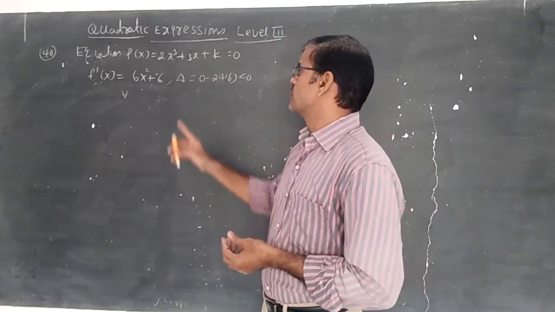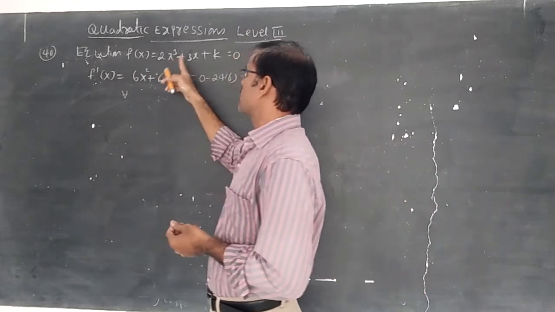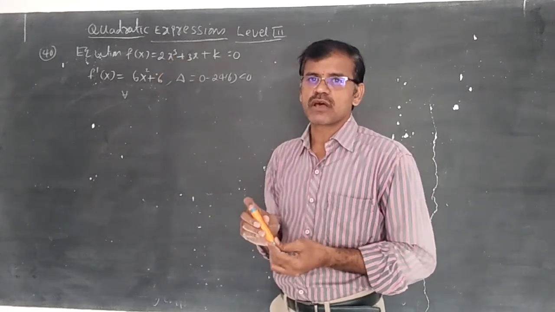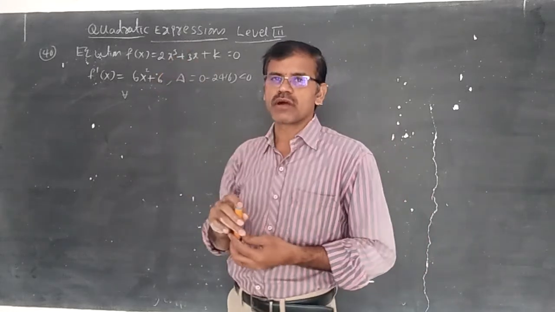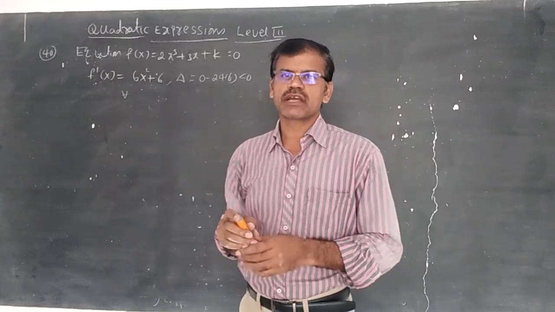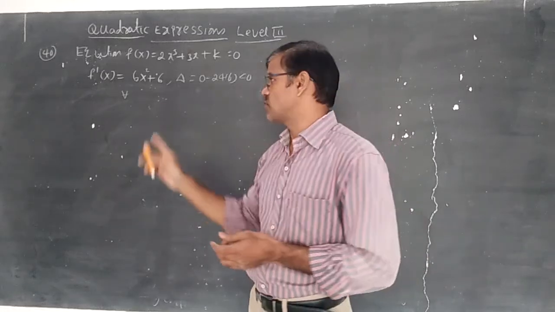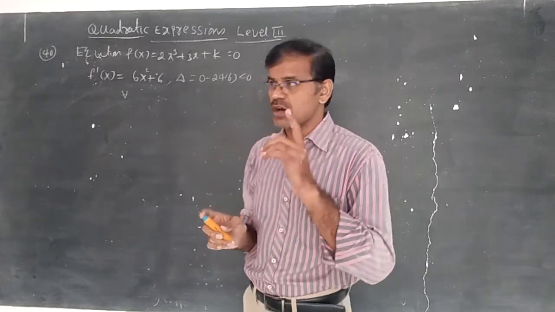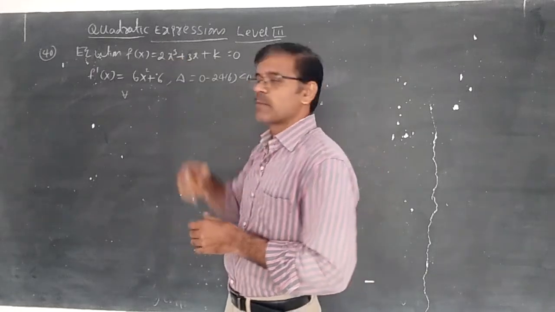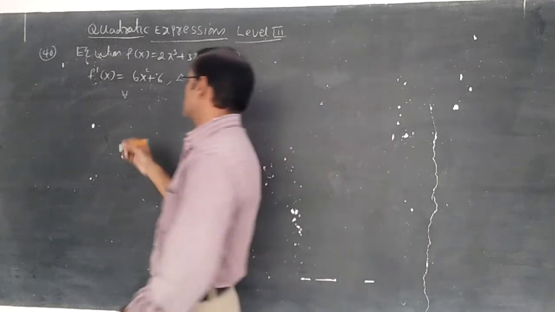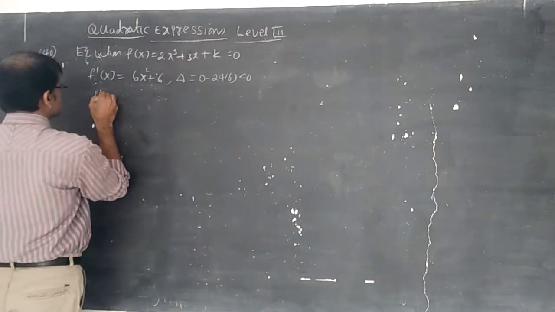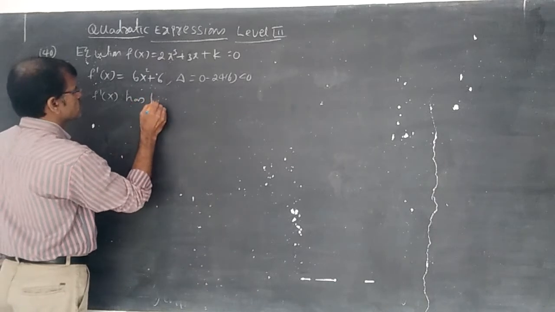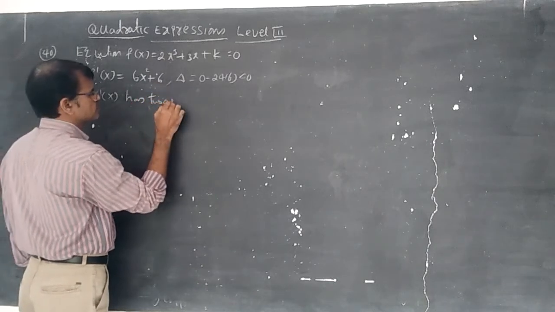If we need to calculate about a cubic equation, we should calculate f dash x. Whatever the roots are depends upon f dash x. The same concept is applicable for f of x. That is why you should write: f dash x has two imaginary roots.